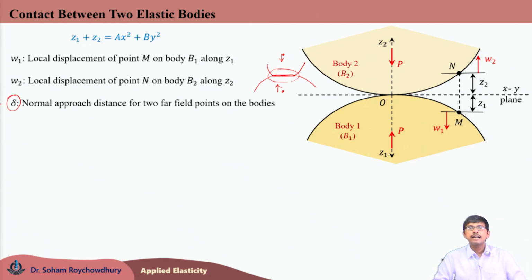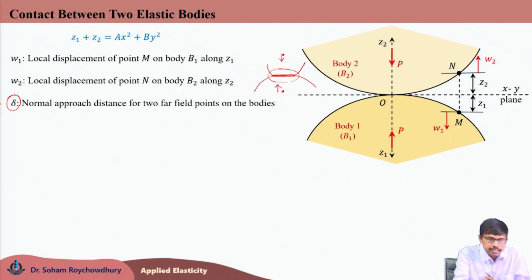So, delta is the normal approach distance for far field points of these two bodies, and W1 and W2 are the respective local deformations of points M and N on body 1 and 2 respectively.